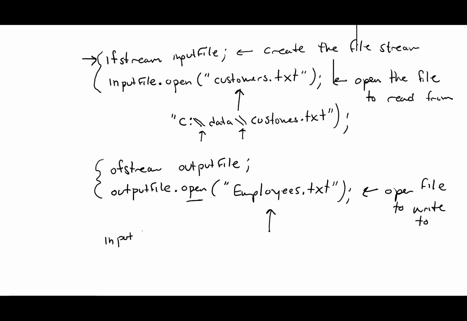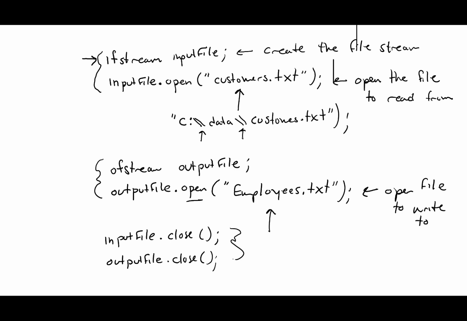This is going to be input file.close. And if we want to close the second one, it's just output file.close. And we always want to close files. Whenever you open a file, you want to close a file.